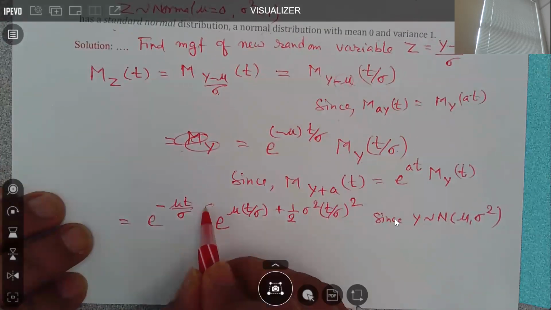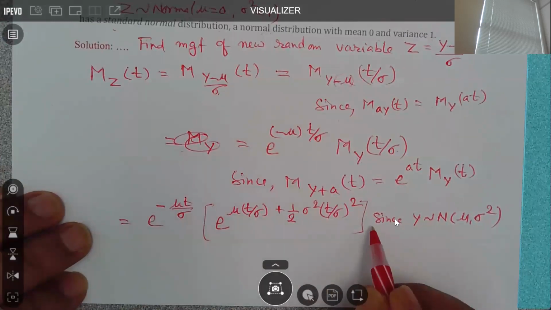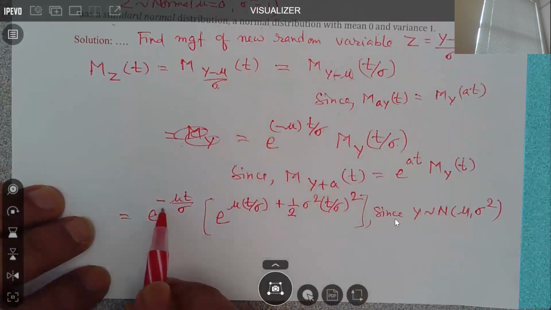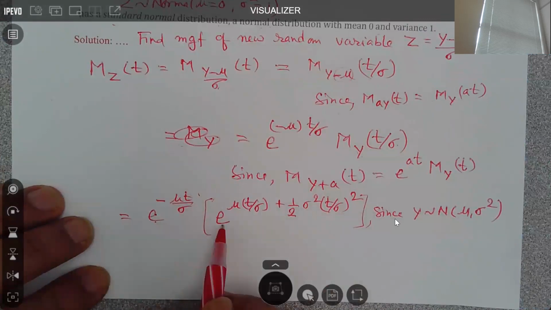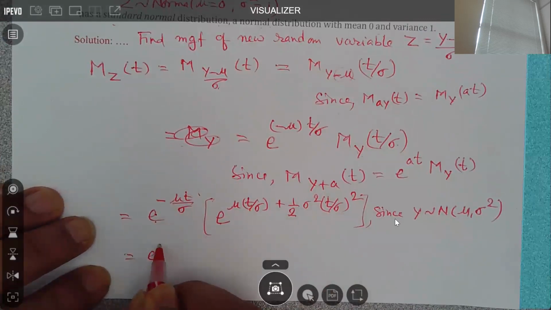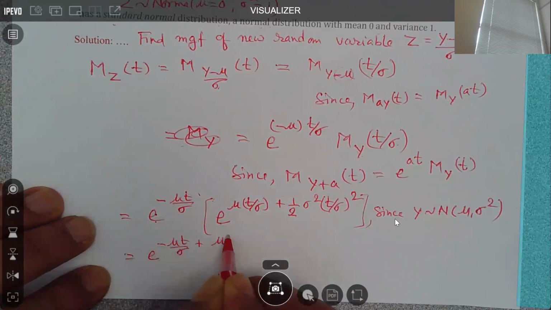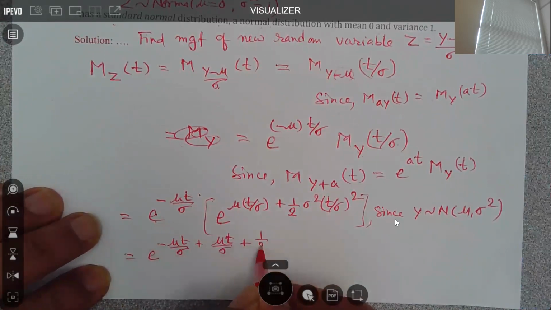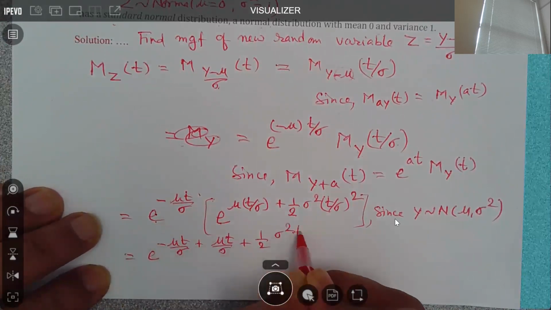Now you have this one and this one, right? This is an exponent, so you can add them: each power minus mu t over sigma plus mu t over sigma plus 1 over 2 sigma square t square sigma square.